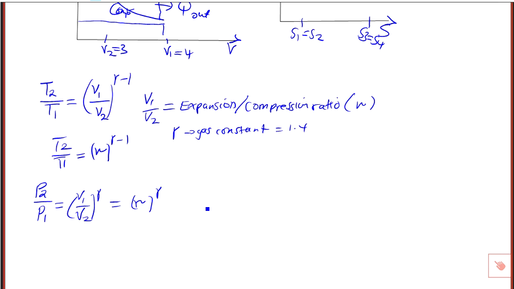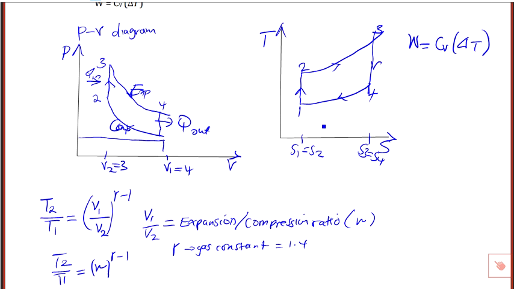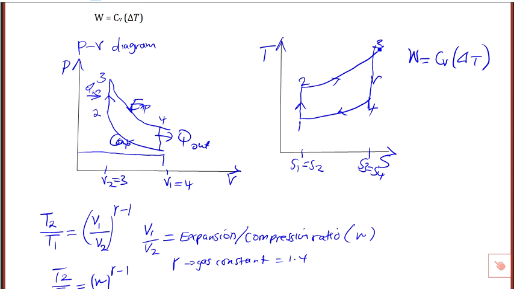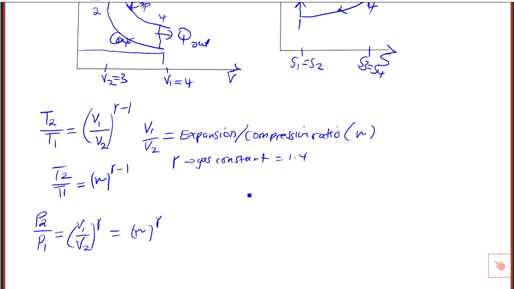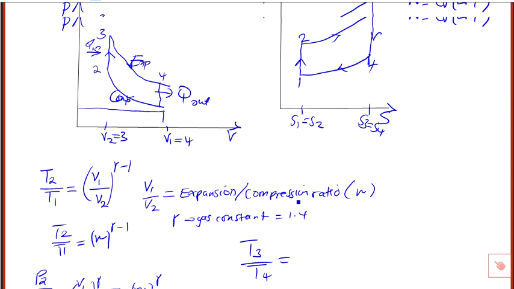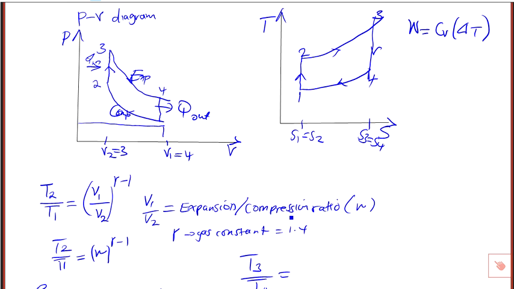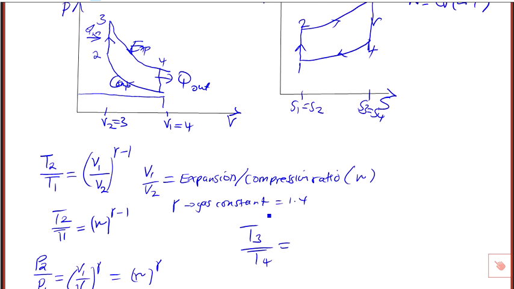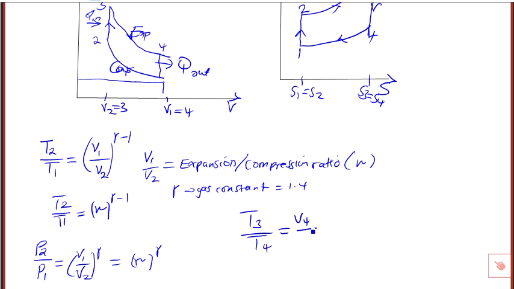Other useful comparisons are such as T3 over T4. First of all, we had T2 over T1. Now T3 over T4 is the same as V4 over V3.